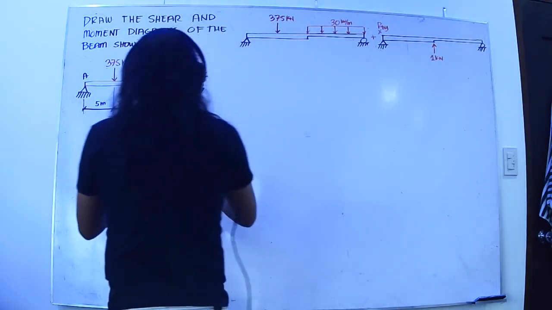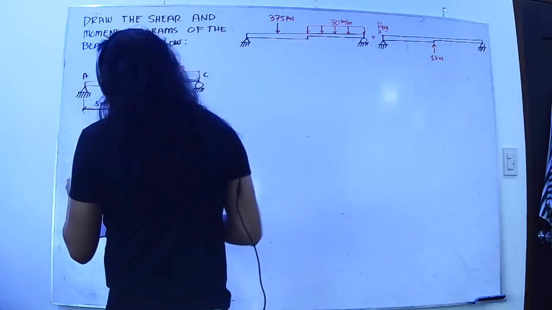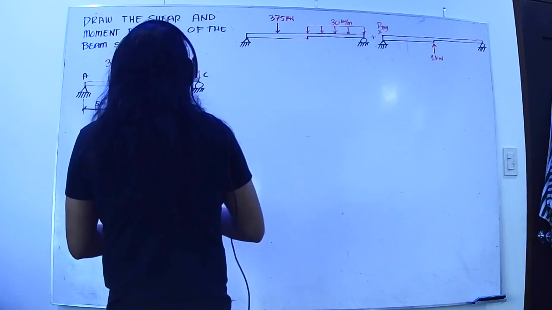As you can see, I removed the support at B. I chose B to be my redundant.